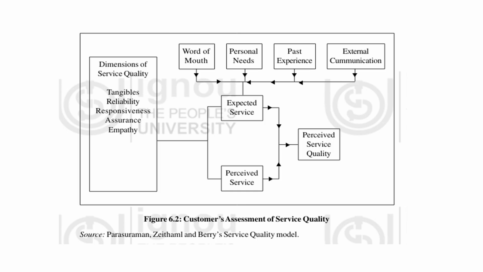And at the center of it, you see expected service. This box represents what the customer thinks should happen based on the above 4 factors. And at the bottom, you see perceived service, which is what the customer believes actually did happen during the whole service experience.